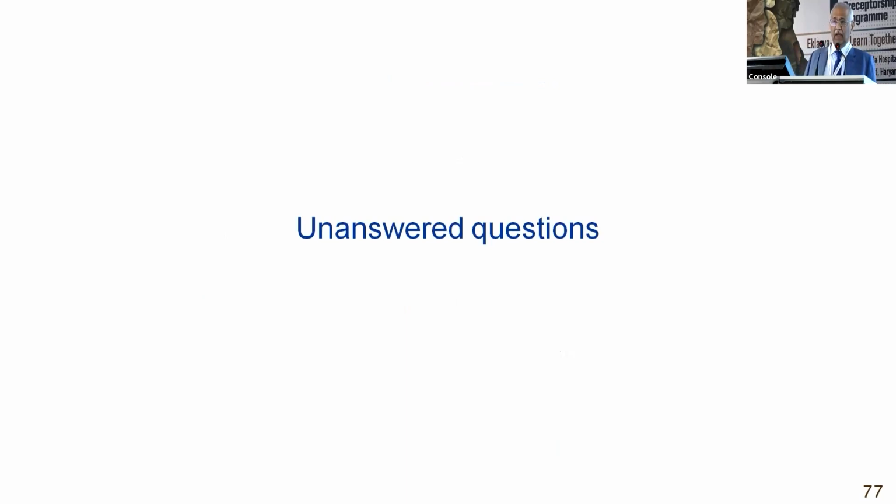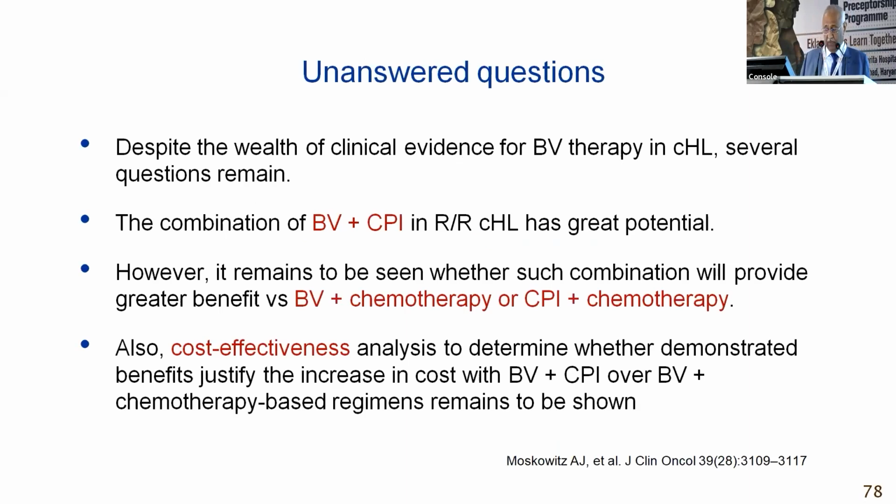So is everything rosy, or are there some unanswered questions? There are unanswered questions, I would say galore. Despite the wealth of evidence, brentuximab therapy for classical Hodgkin lymphoma can be used upfront, can be used as a bridge to transplant, can be used to consolidate the transplant, can be used left and right if the patient relapses after the transplant.